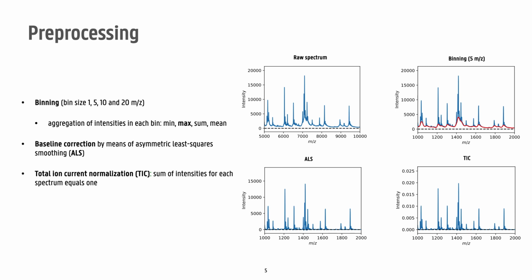For aggregation, we choose to work with the maximum of intensities, as this is frequently used in literature. The next steps in our pre-processing pipeline are baseline correction, where an estimated baseline in each spectrum is removed by using the asymmetric least squares method, and total ion normalization, where each intensity is transformed such that the sum of intensities for every spectrum sums to 1.